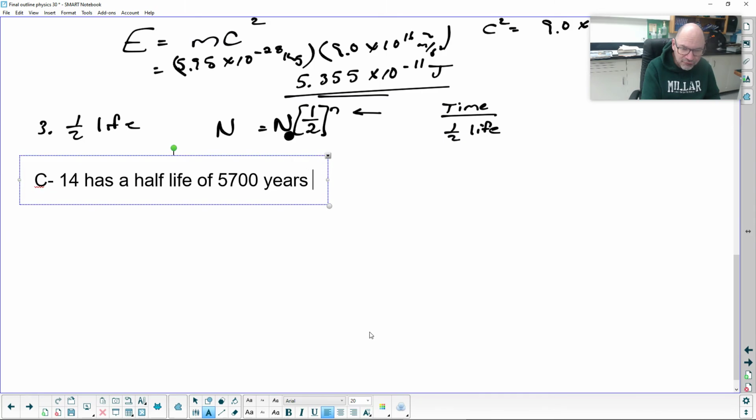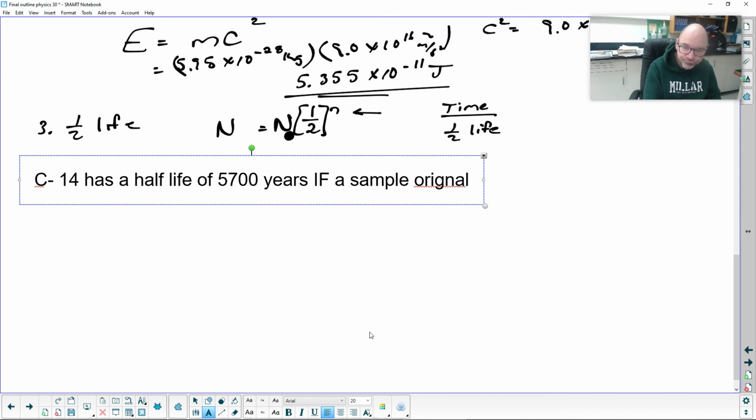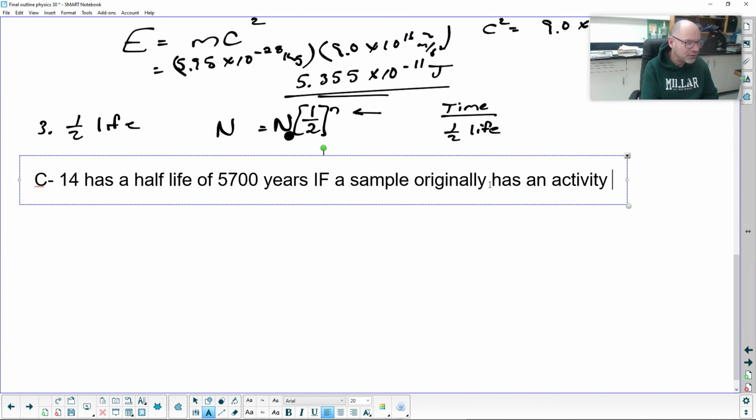Okay, so if a sample originally has an activity or mass, I could do activity or mass, both are the same.